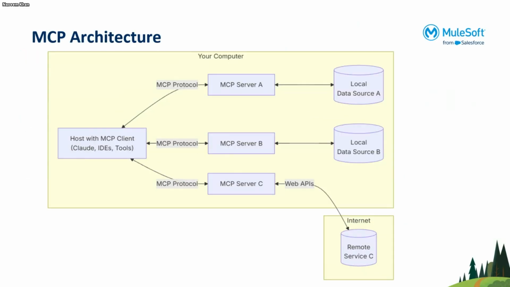So this is the same MCP architecture. In the center, we can say it's an MCP server, which is how we are exposing our MuleSoft API for the agent to consume. On the left-hand side, you can say a host with MCP clients, right?